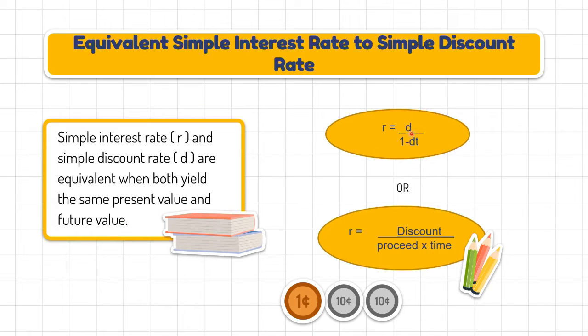So here we have the formula for small letter r equals small letter d divided by 1 minus dt. Or in other words, we can find the equivalent simple interest rate such that r equals discount over proceed times time.